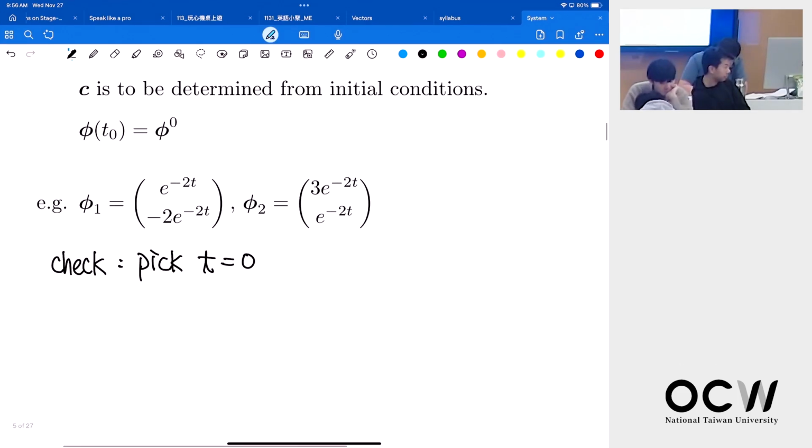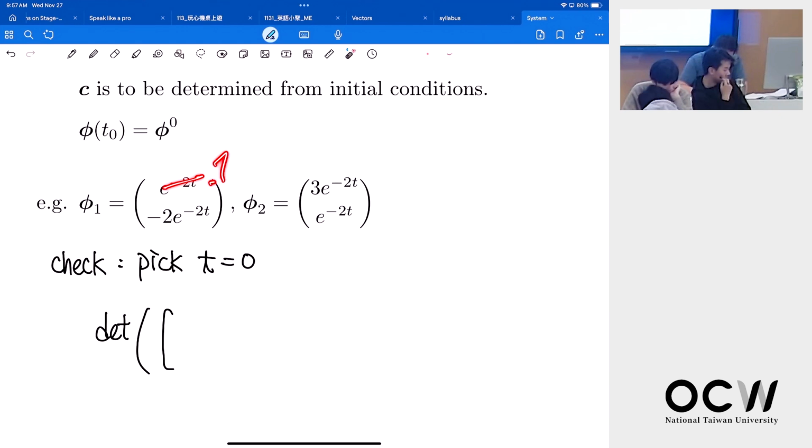If t equals 0, then I have a determinant with 1, minus 2, 3 and 1.